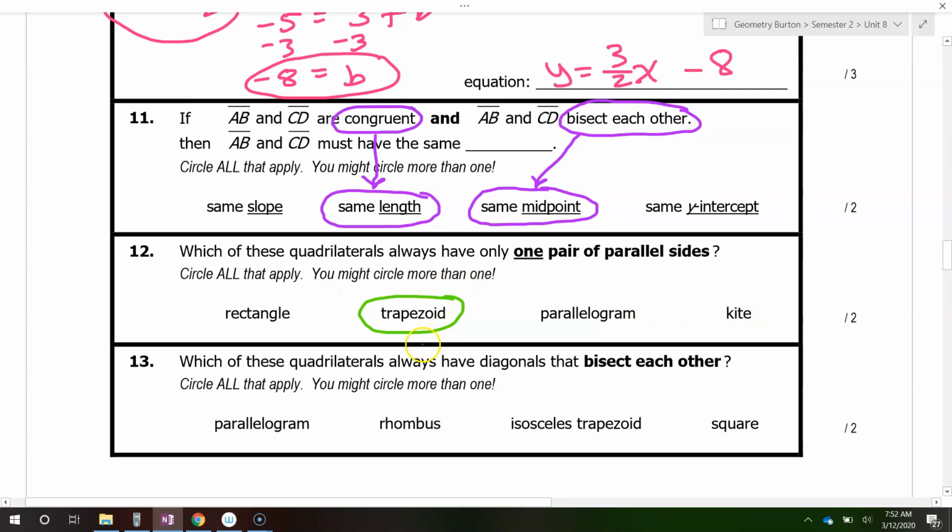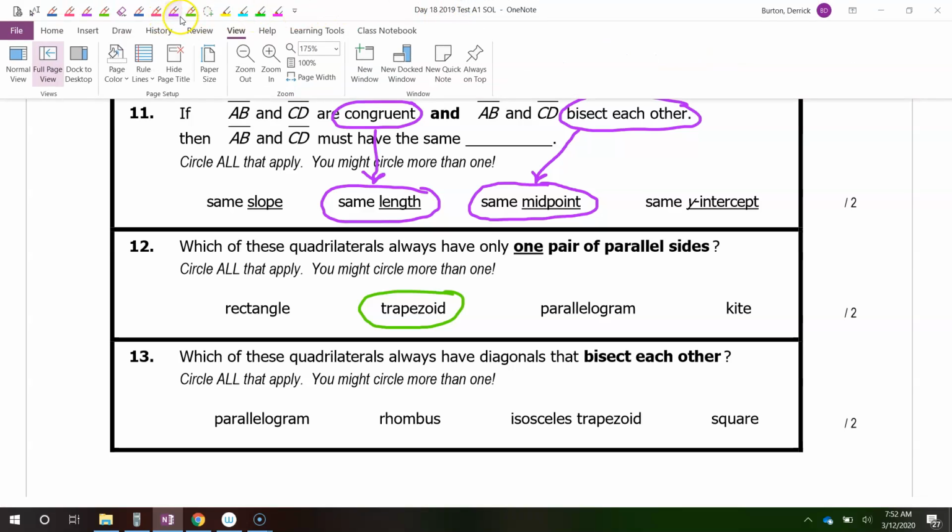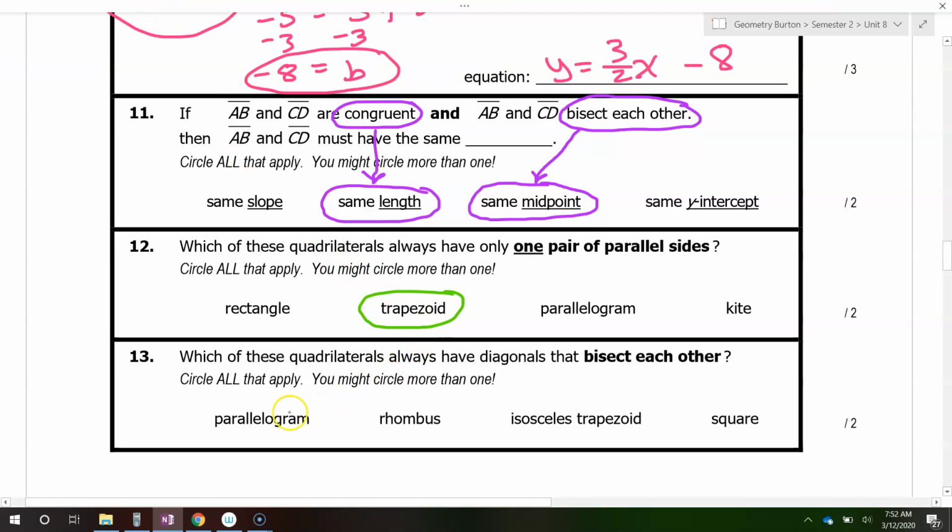Yeah, so that's it. Which of these quadrilaterals always have diagonals that bisect each other? Well, we memorized that that's one of the special properties of a parallelogram. But that automatically means that we're going to also circle rhombus and square, because rhombus, square, and rectangle are all parallelograms.